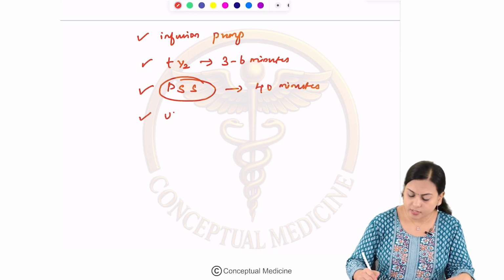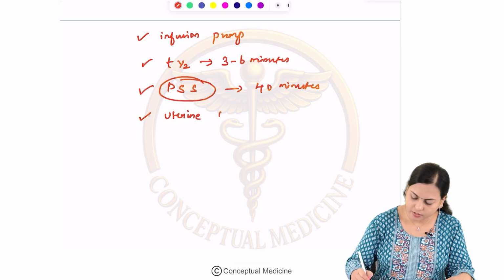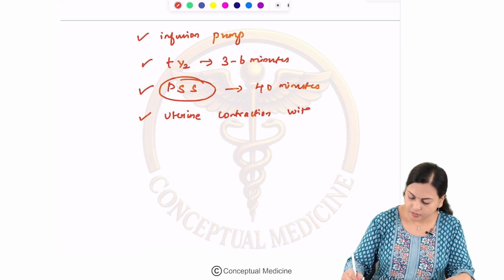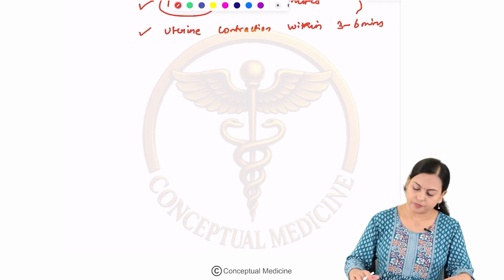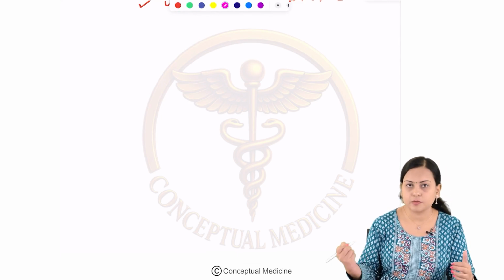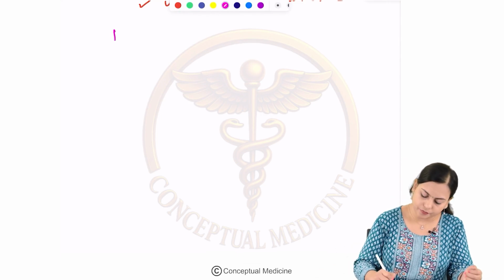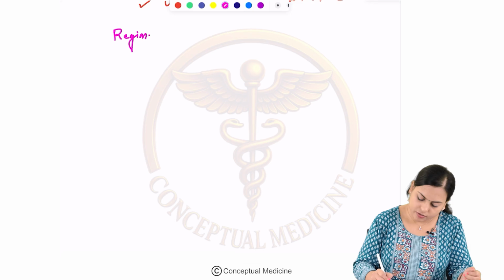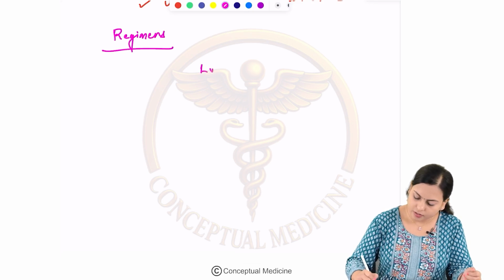And uterine contraction will begin within 3 to 6 minutes, between the T-half time itself. So we have so many regimens for administering oxytocin. Regimens of administering oxytocin include a low dose regimen or high dose regimen.